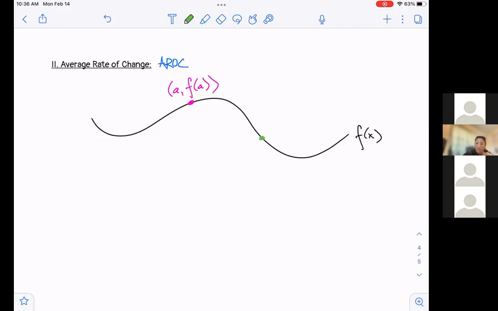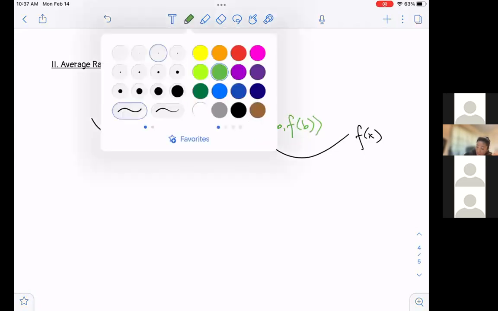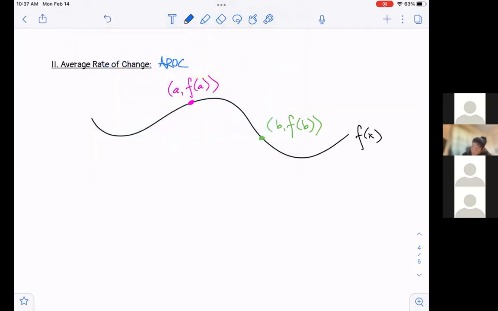Let's choose a second point somewhere else along the curve. And I call this x value b. What would you call the y value here? F of b, sorry. You got it, I know what you were trying to say. F of b. Now let's say we connect these 2 points with a line, just like we did in some of those previous questions.